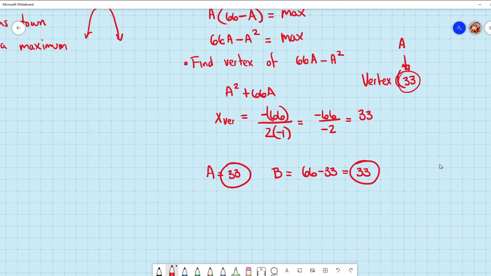That doesn't mean that's always going to happen. Again, this B is not the y coordinate of the vertex. Very important to emphasize that.